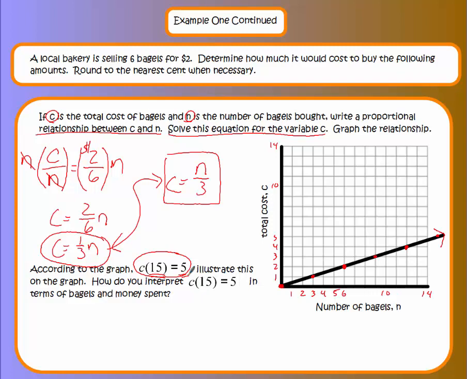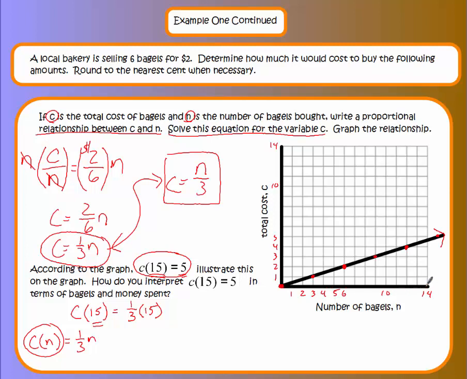Basically what it means is, when I start with the original equation, if I wrote C of 15, which is how you say this, C of 15 equals 1/3 times 15. So really the equation would read C of n equals 1/3 times n. So the C of n just means the function evaluated at n.